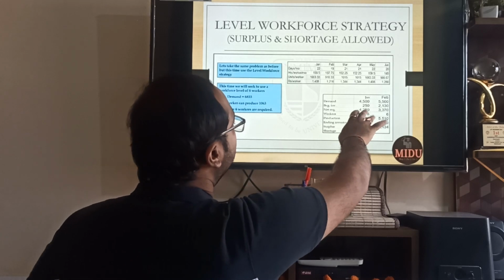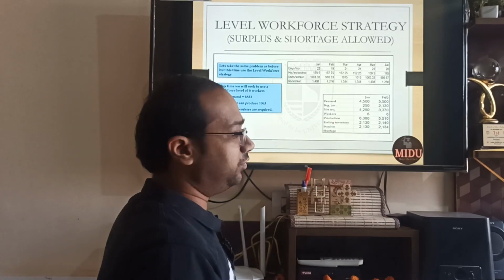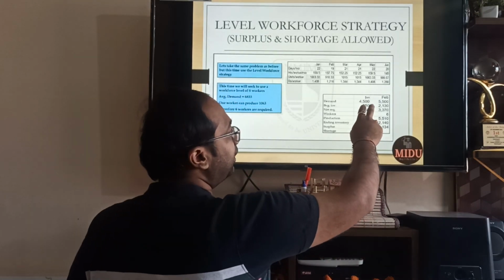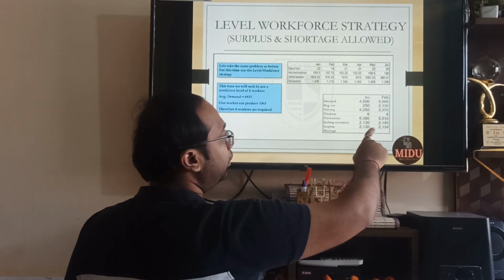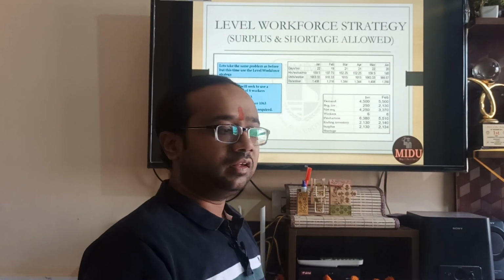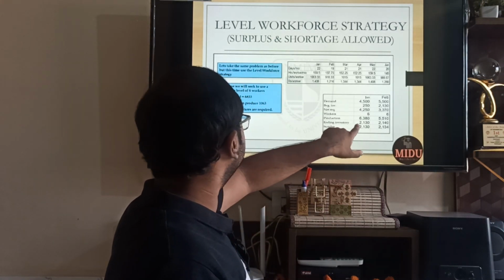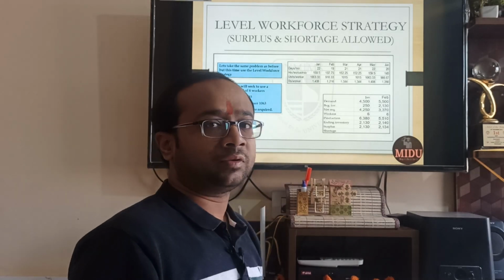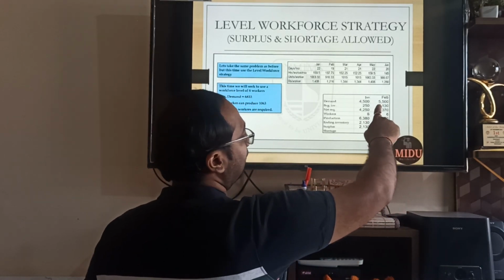So the production is 1063 into 6, which is 6380. Now 250 was the beginning inventory, 5000 was the demand, and you have produced 6380. So there will be an ending inventory of 2130. This ending inventory we call surplus, because even after meeting the demand, it remains in the system. This surplus gets carried forward as the beginning inventory of the next month.